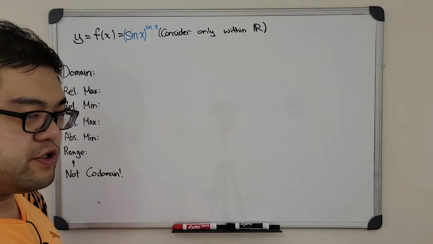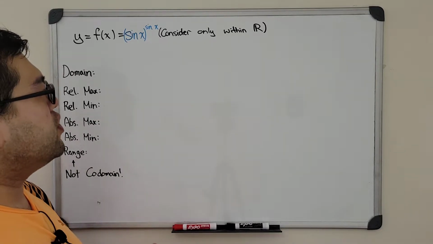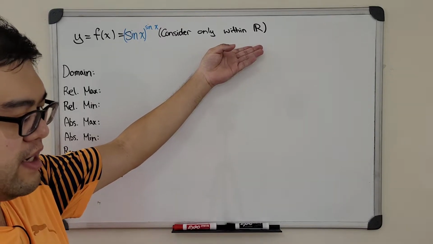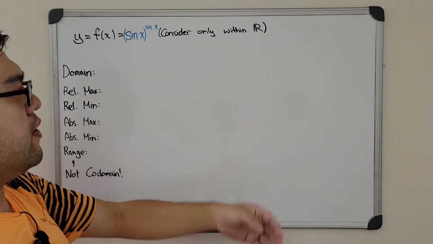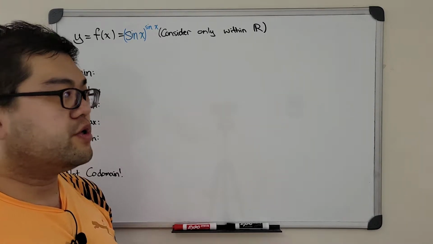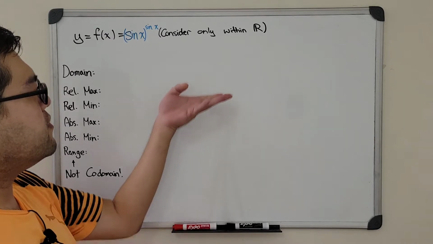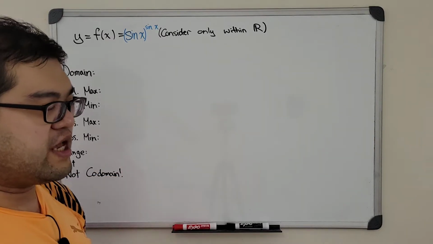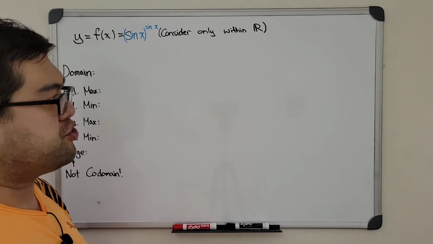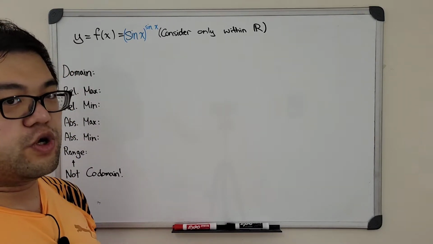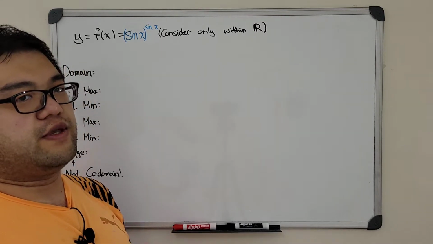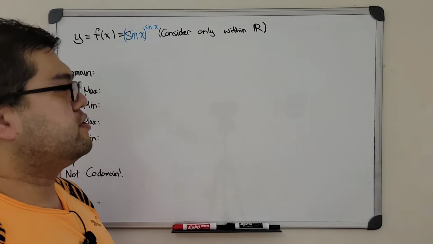And of course, we're trying to do it with real numbers only, because I expect the viewers of this video to already have a certain level of calculus knowledge, but I did not expect to go any beyond that. So we're not going to consider anything further than just the real numbers.